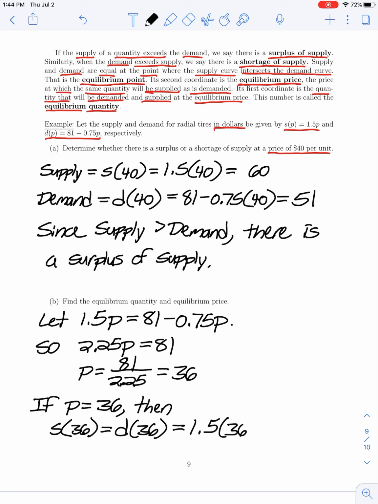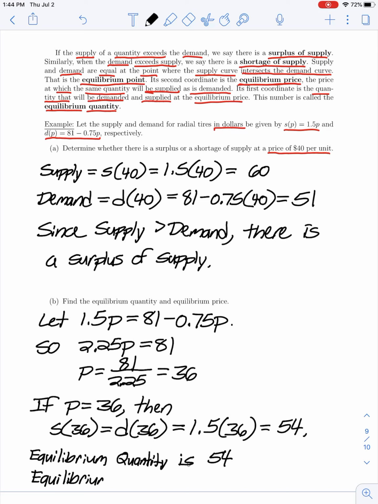It's 1.5 times the price, which would give us a value of 54 here. So we would say the equilibrium quantity is our 54 units, and the equilibrium price is our $36 per unit.